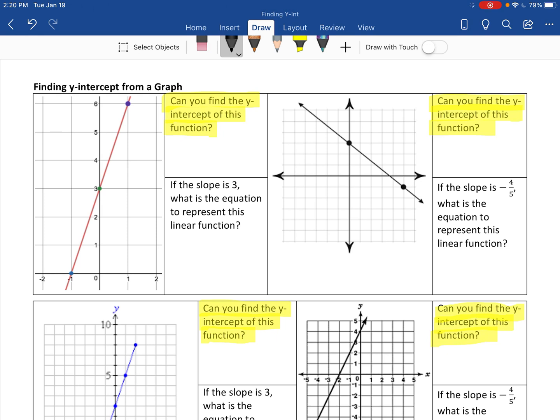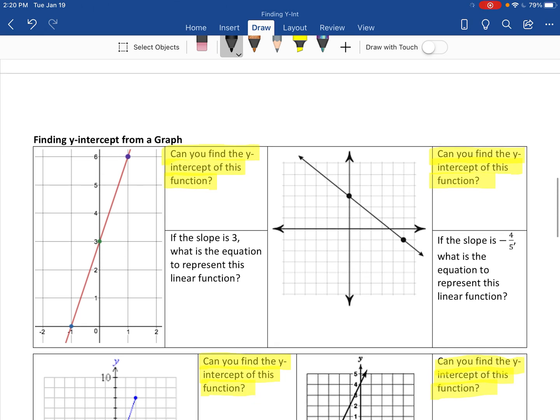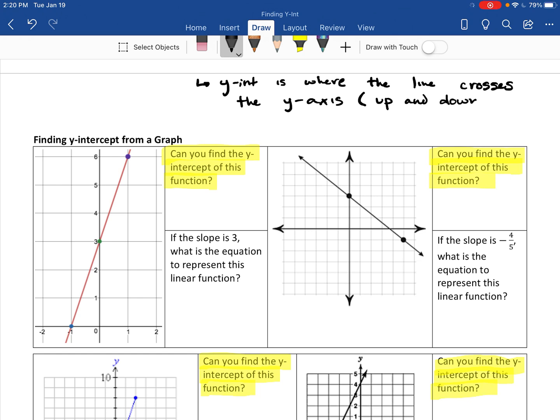So let's go ahead and make some mental notes when graphing. When solving for a graph, the y-intercept is where the line crosses the y-axis, which is going to be up and down.